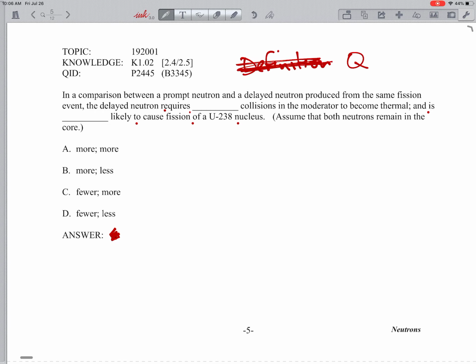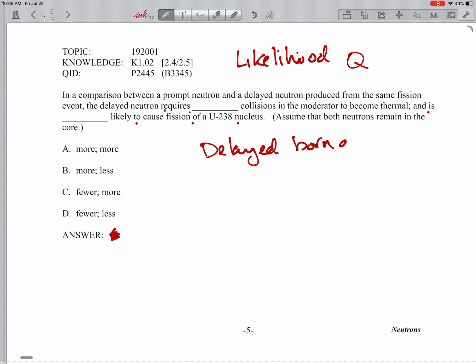This is going to be a likelihood question, which is basically a definition question. All right, so delayed neutrons are born at lower kinetic energy, about 0.5 mega electron volts, compared to 1 to 2 mega electron volts on a prompt.